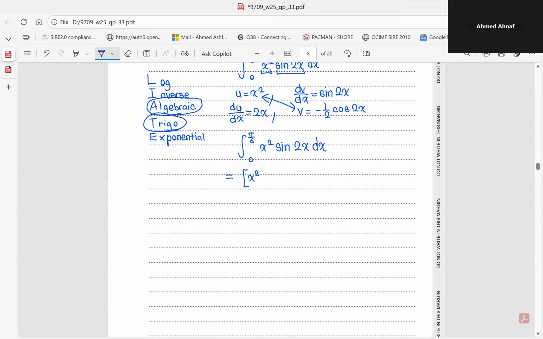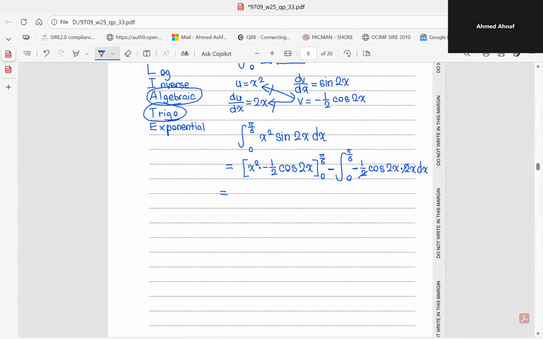So this is x squared times negative half cos 2x, with limits pi over 6 and 0, minus the integral, with the same limits, of v times du dx. So v is minus half cos 2x times 2x dx. This one gets cancelled out.